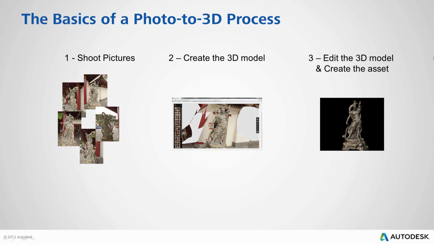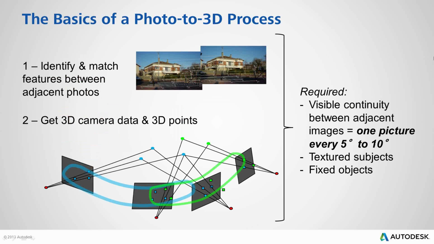So to go a little deeper, how does it work? The basics of photo to 3D, or photogrammetry, is really about taking adjacent photos that will show consistent content from which we will automatically identify and match features.